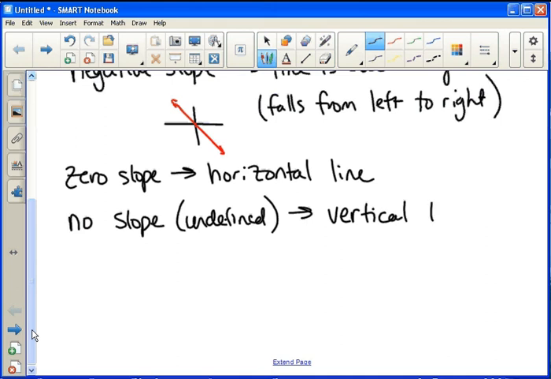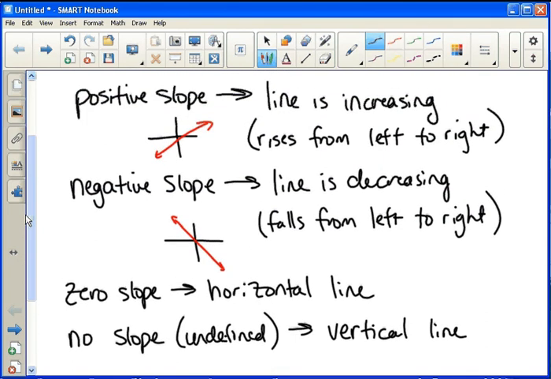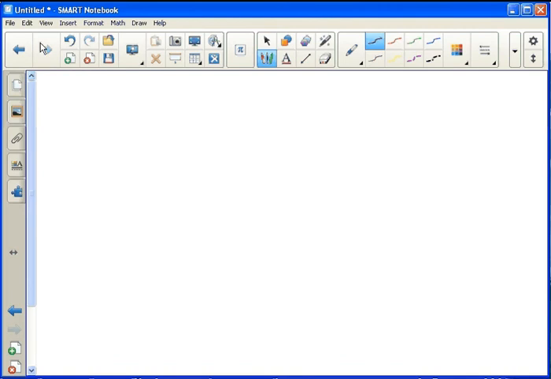And we'll talk more about horizontal and vertical lines and what their equations look like a little bit later. Okay, so those are the different types of slope you can have: positive, negative, zero, and no slope, and what they imply for the lines.